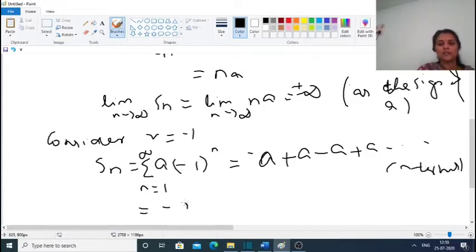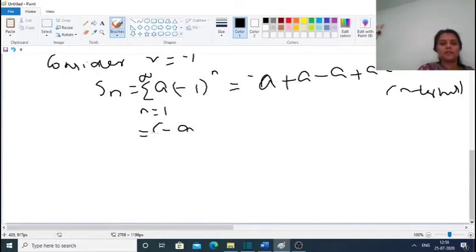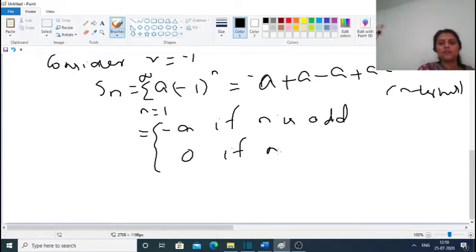The value will be equal to minus a if n is odd, and equal to 0 if n is even.